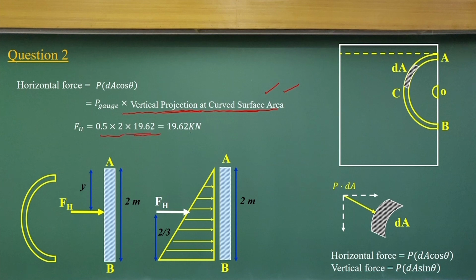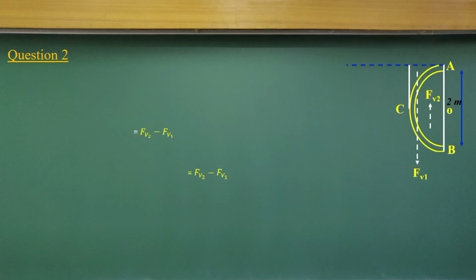That gives the force acting on it, but that force acts at 1/3 distance from the bottom. Since it is a 2 meter height, that is 2/3 meter from the B location. This is the horizontal force acting.